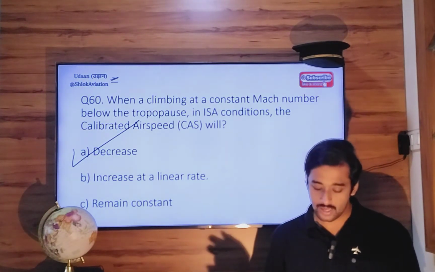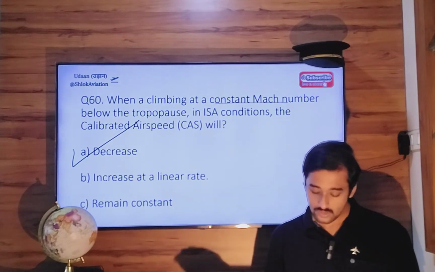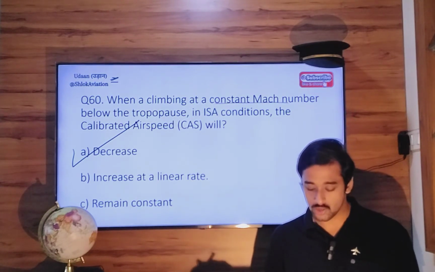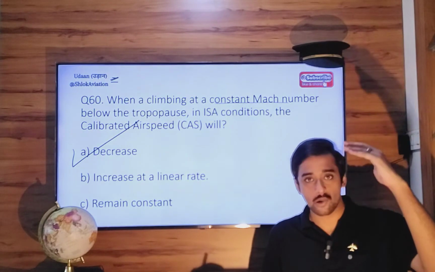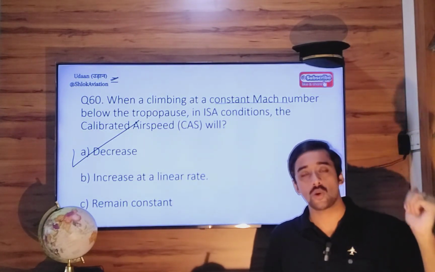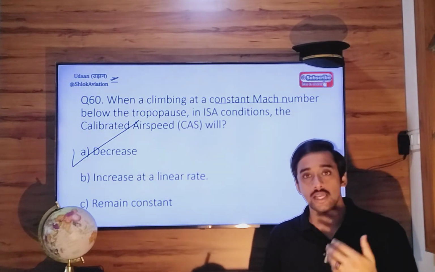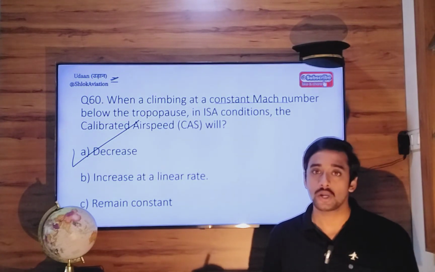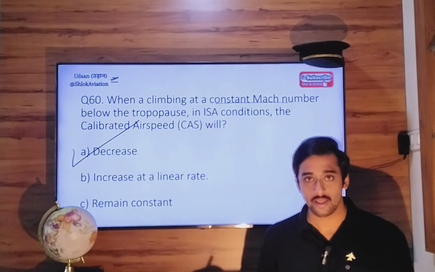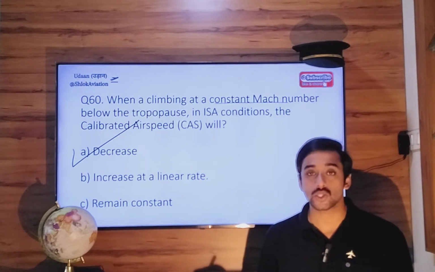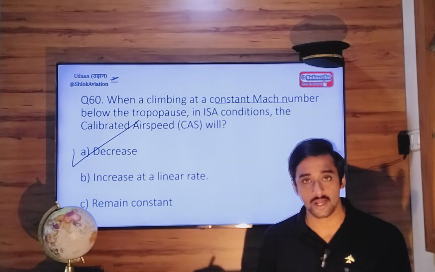Now here you are flying at constant Mach number below the tropopause. Now as you climb to higher altitudes, up to the tropopause, what happens? Atmospheric temperature decreases at a lapse rate of 2 degrees Celsius per 1000 feet. So temperatures go on decreasing. Okay, but remember, calibrated airspeed is not dependent on outside temperature.